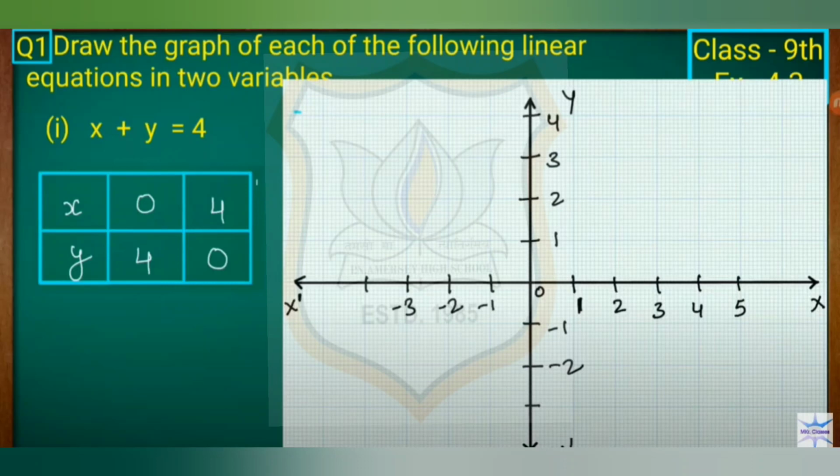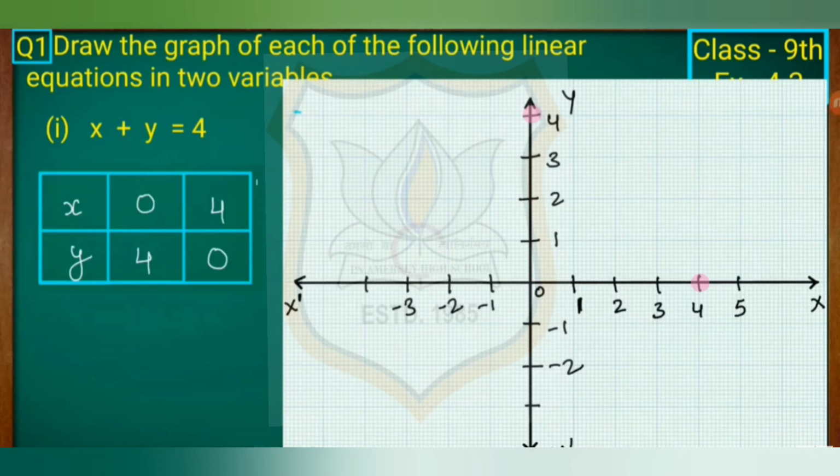First I put x equals 0 and y equals 4, so I get a point here, and another x equals 4 and y equals 0, so I get another point here. Now I have to connect a line between these.